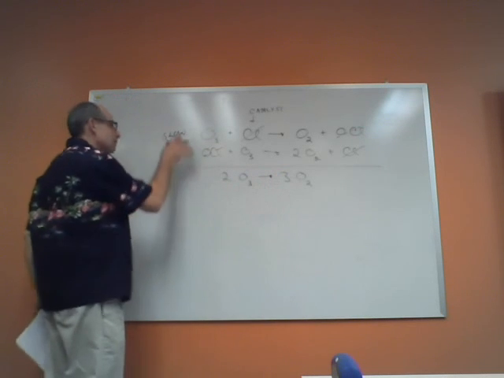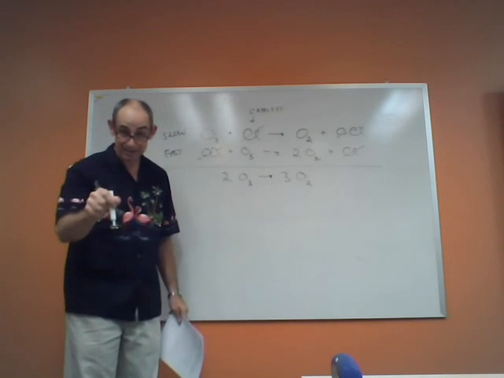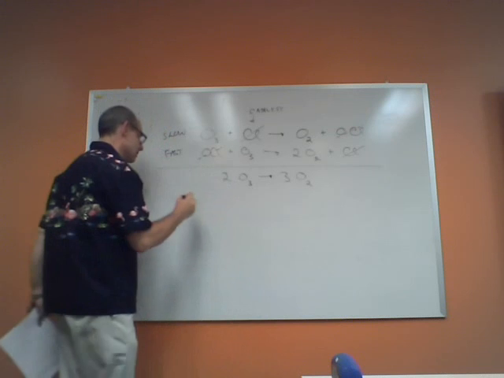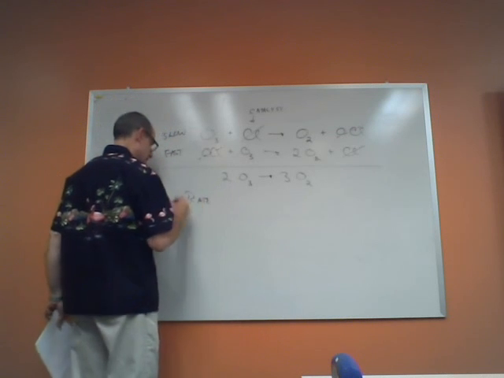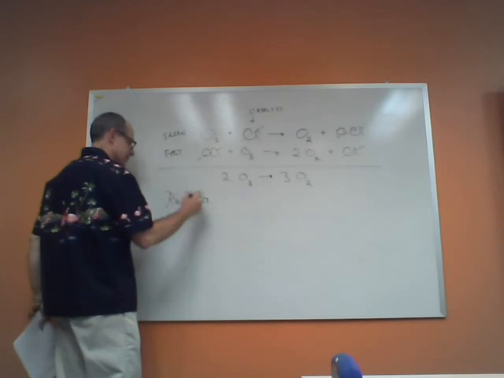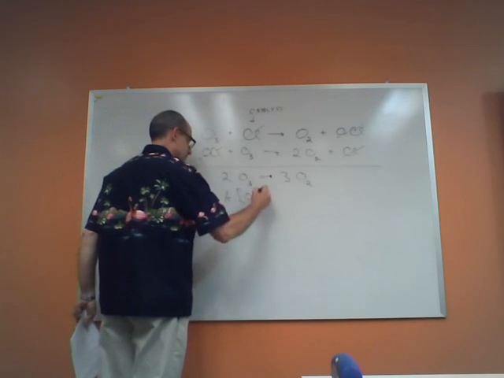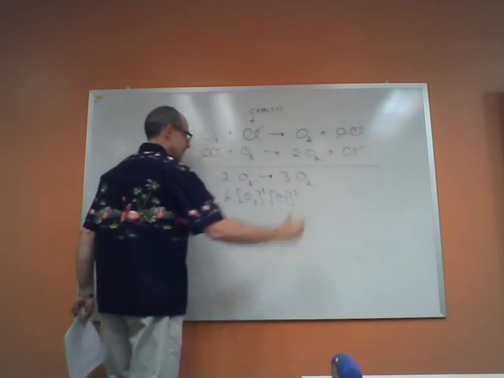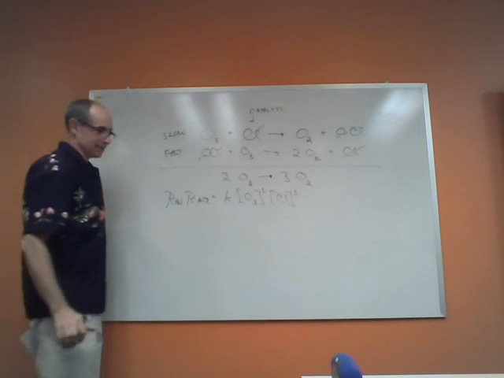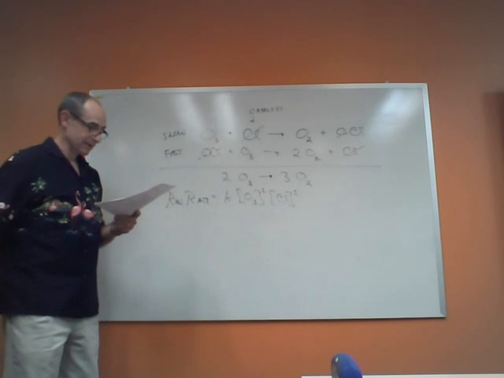What's the rate law? Well, again, we look at the slow step, and unlike intermediates, catalysts can appear in the rate law. So that's going to be pretty straightforward, I hope. The rate law here tells us the reaction rate equals some constant times the concentration of O3 to the first power times the concentration of Cl to the first power. And it's perfectly okay to leave that catalyst in there. In fact, you have to leave that catalyst in there.